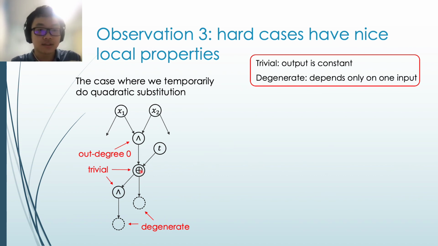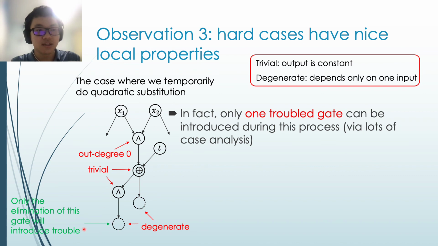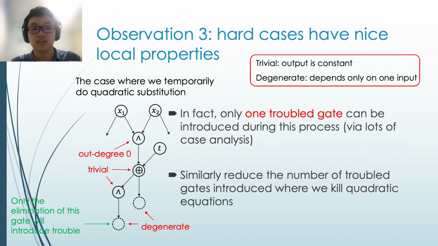Here we do a quadratic substitution to make this XOR type gate and this N type gate trivial, and these following 2 gates degenerate, and this AND gate of degree 0. In fact, we observe that throughout this process, only the elimination of these particular gates can introduce trouble gates, via lots of case analysis. Similarly, when we later kill the temporary quadratic substitutions, we also use lots of case analysis to reduce the number of trouble gates introduced.